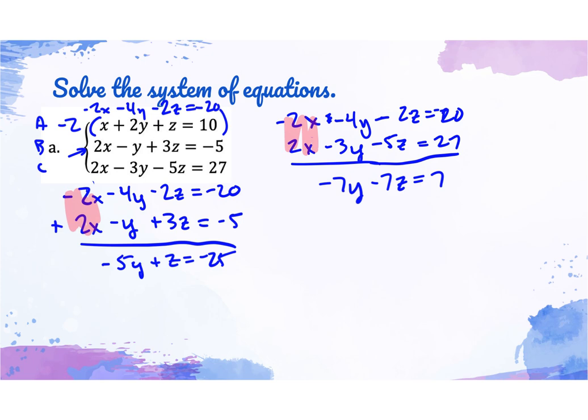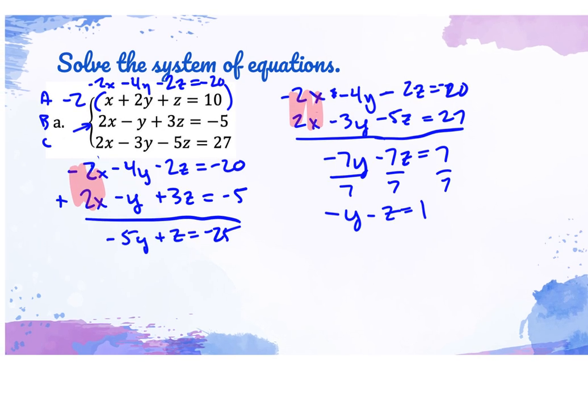Really nice upside: I'm going to divide everything by 7. I'm going to get negative y minus z equals 1. So now I'm down to negative 5y plus z equaling negative 25, and negative y minus z equaling 1.